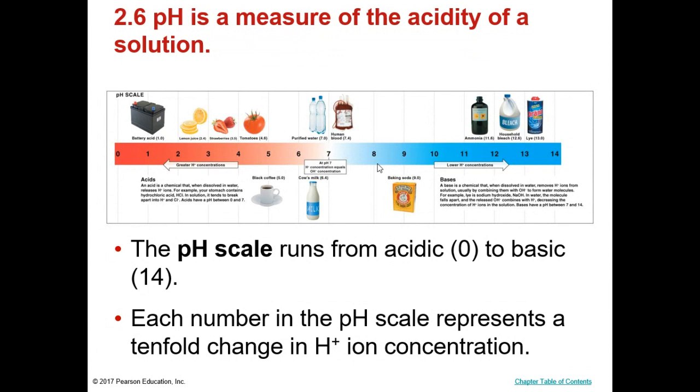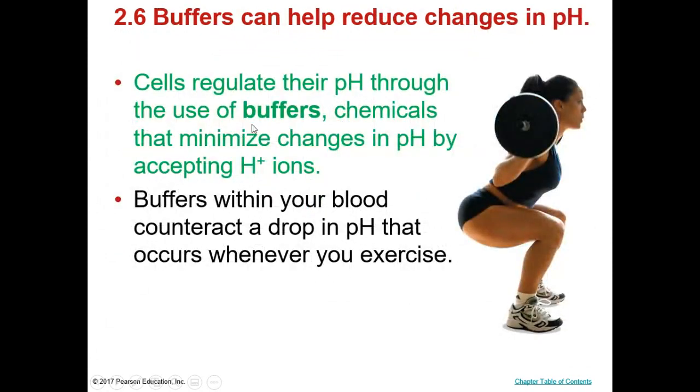Carbonic acid has the ability to either release hydrogen ions into the blood or capture and trap hydrogen ions from the blood so that they become carbonic acid. That's called a buffer, a buffer system.